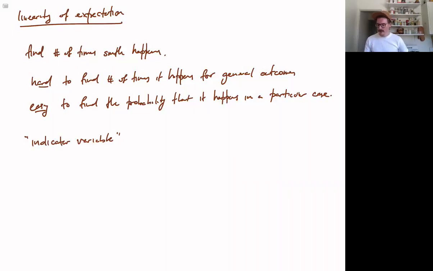For your purposes in this problem, you define a new random variable, xi, or x, whatever. It'll depend on the application. You define a random variable that is 1 if the thing happens in case i, and 0 if it does not.